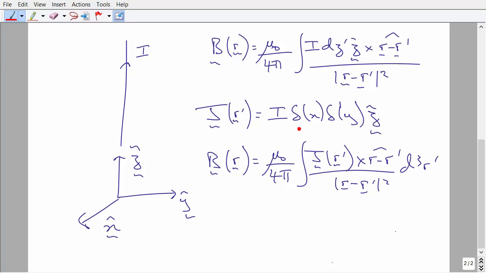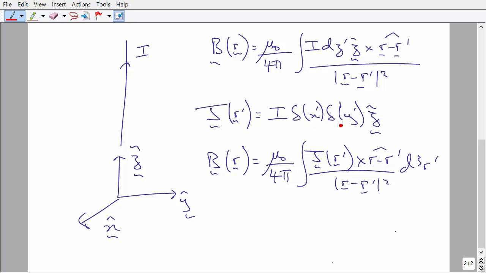The two delta functions in x and y are going to remove the two integrals over dx prime and dy prime. Pardon me, I should be very clear about my primed and unprimed indices here. So the two integrals over x prime and y prime, which are part of this volume integral, are going to be removed by the presence of delta x prime and delta y prime.